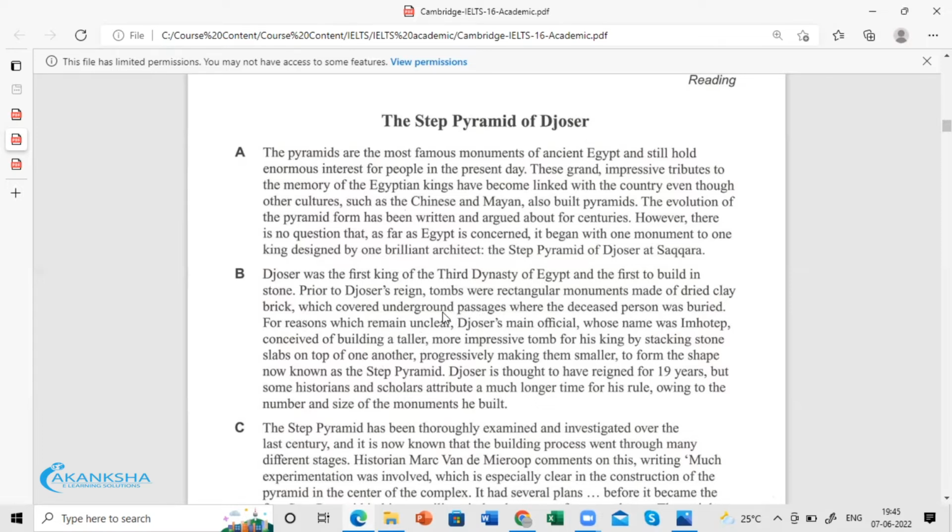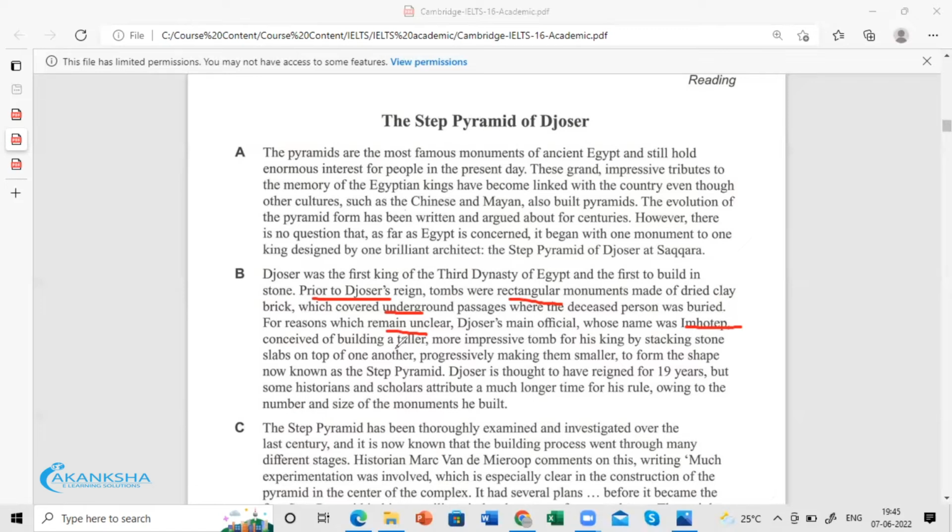So all these adjectives, they are using. Exactly. And they talk about things here like prior to reign, tombs were rectangular, and their monuments which covered underground passages, which remain unclear, where the deceased person was buried.